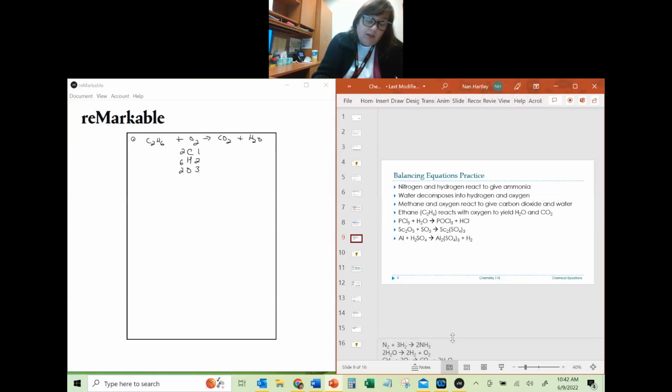Oxygens are screwed up. So I'm going to multiply this one by 2. That gives me 2, 3, 4 on that side. To get 4 back on this side, I multiply this by 2. I now have 4 on both sides.